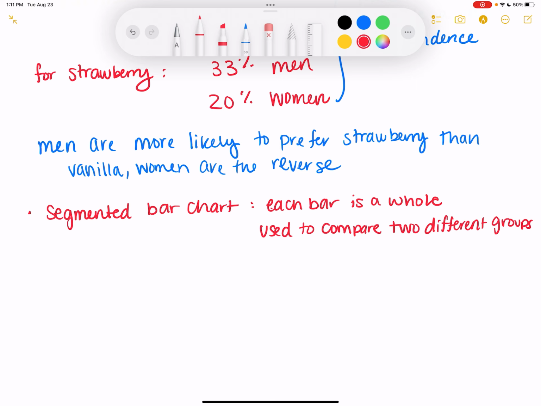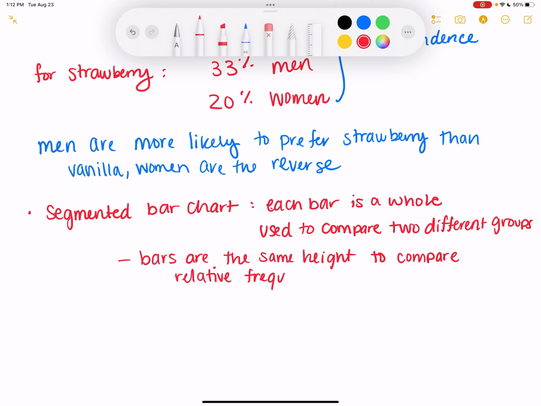Let's see. Bars are the same height, basically so we can compare relative frequency, so percentages, not counts.